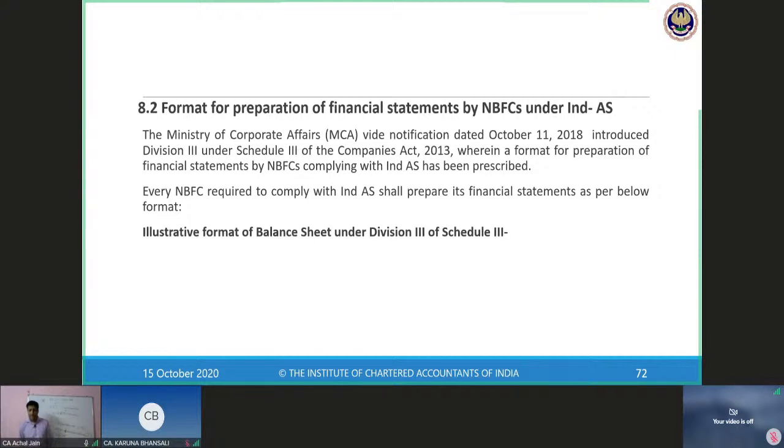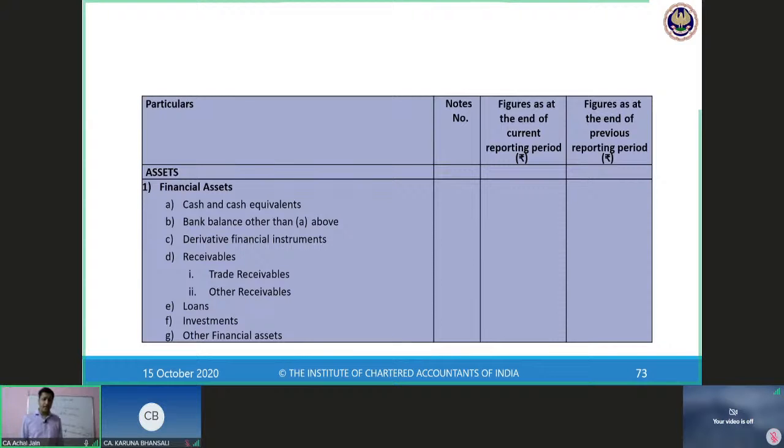Okay. And then we have a separate format of financial statements given as per Schedule 3, Division number 3. So Schedule 3, Division number 3 prescribes the format of preparation of financial statements, which you can go through. Yes, this format is available. You can just go through this format quickly.